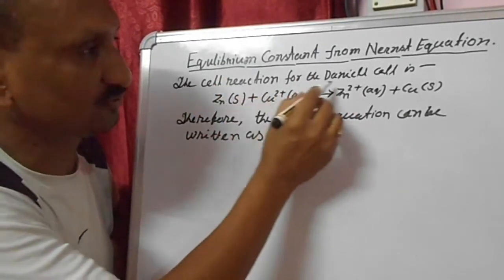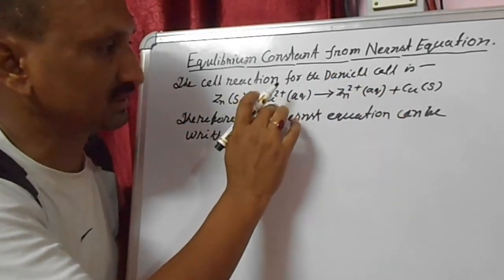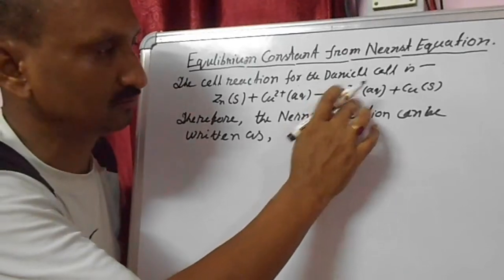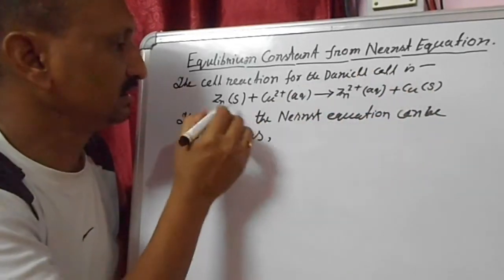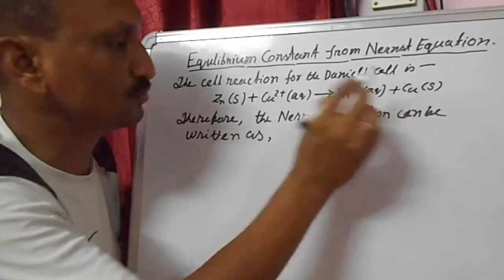The cell reaction for the Daniell cell is zinc plus copper 2 plus ion gives zinc 2 plus ion plus copper. That means here zinc is oxidized and copper 2 plus is reduced.